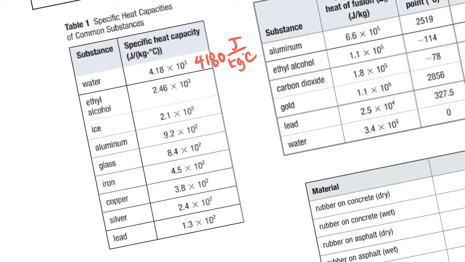All this means is that it takes 4,180 joules to heat up 1 kilogram of water by 1 degree Celsius. So it's basically how much energy it takes to heat it up. You'll notice some of them, like aluminum I mentioned before, is only 920 joules per kilogram degree Celsius. So it only takes 920 joules to heat up 1 kilogram of aluminum by 1 degree Celsius.